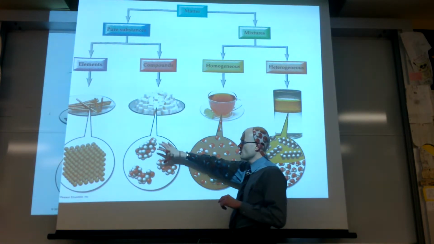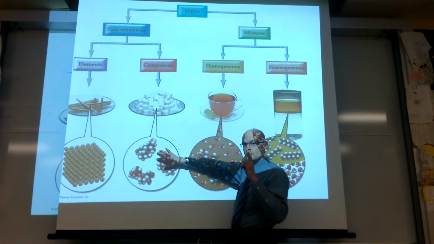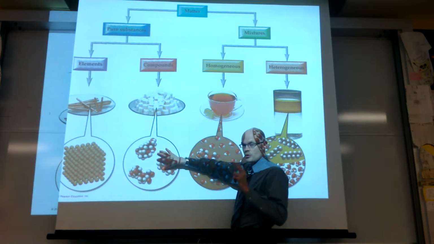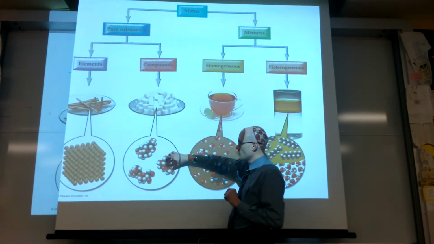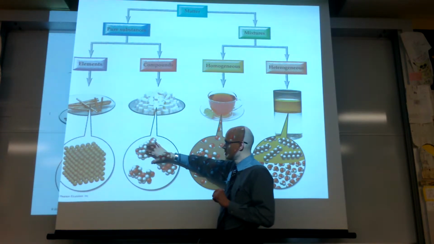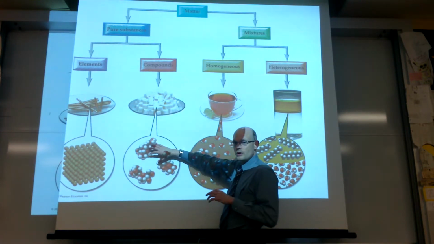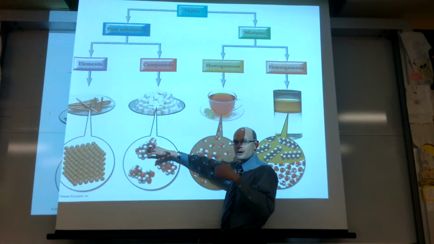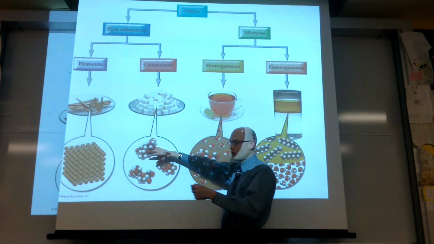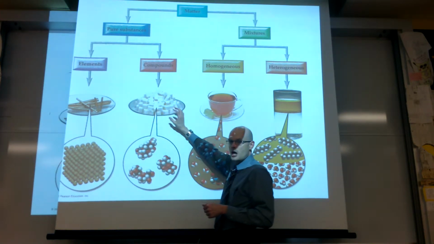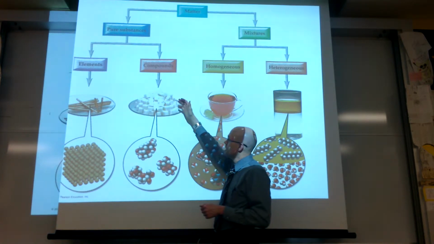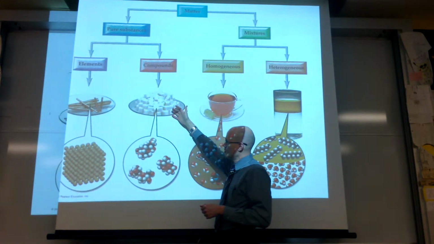Now if you take at least two different elements, it may be more than two, and you chemically bond them together in a fixed, defined ratio, much like water is H2O, two hydrogens, one oxygen, that will give us compounds. Here is a picture of a sugar cube.